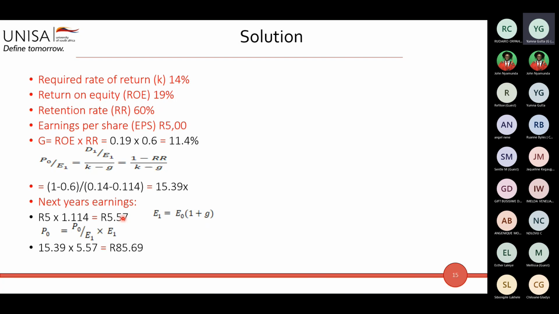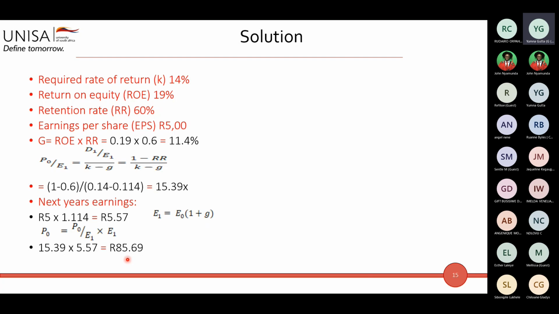Now you multiply 5 Rand 57 by 15.39 to get 85 Rand 69, which is the value of your share. Your earnings multiplied by your price to earnings ratio gives you the value of your share.